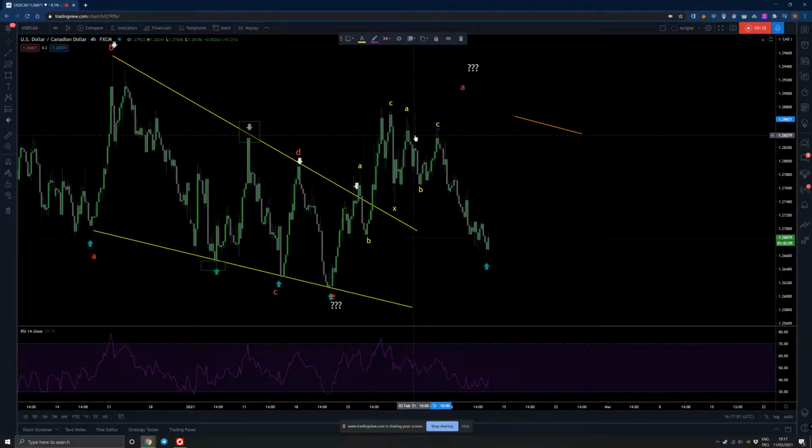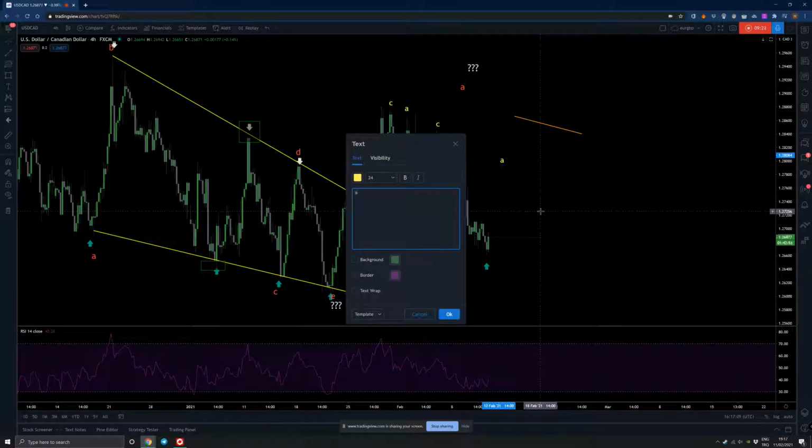But either way, the point is, let's write like this. So we either have an ABC in the form of a zigzag, and then we have an X wave, and we either have a flat or a triangle. Now this is pretty much up to you.